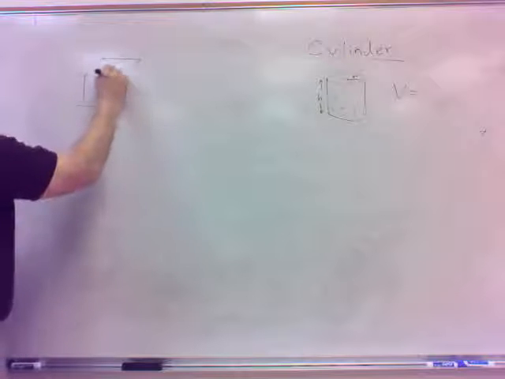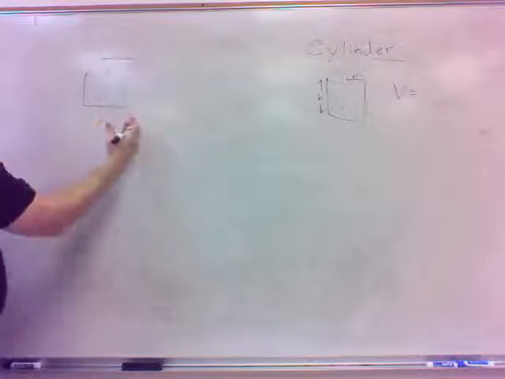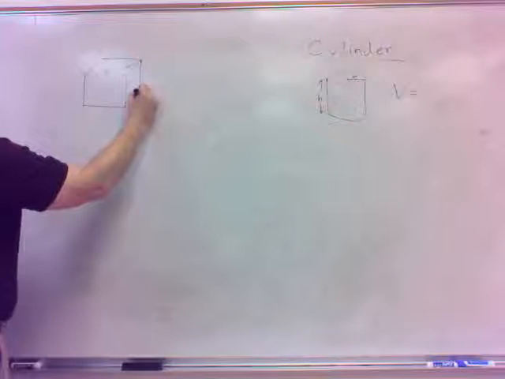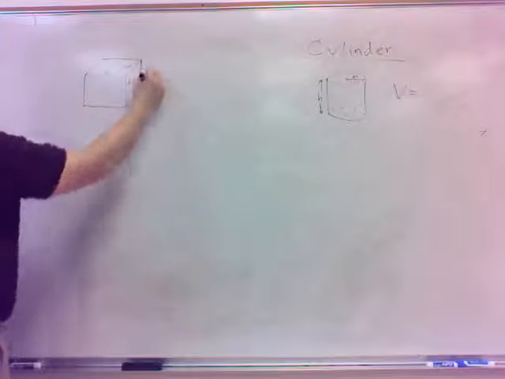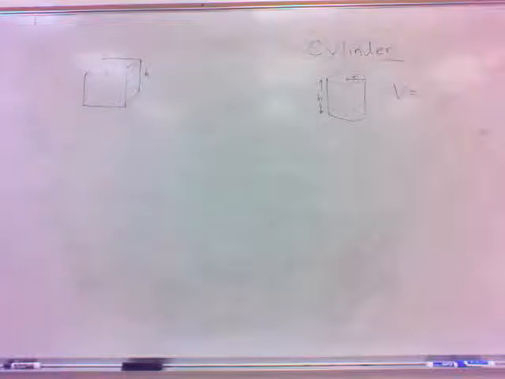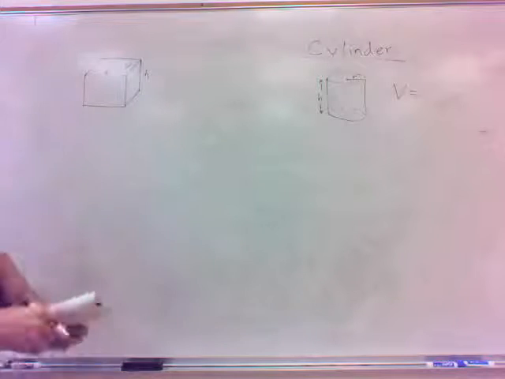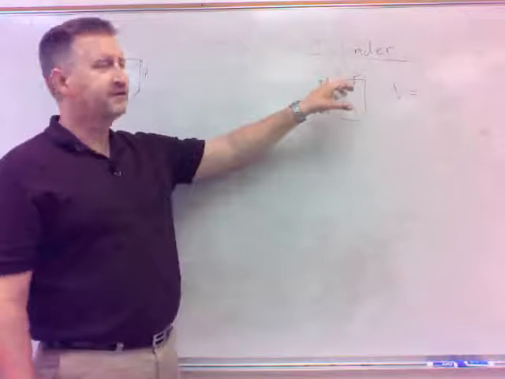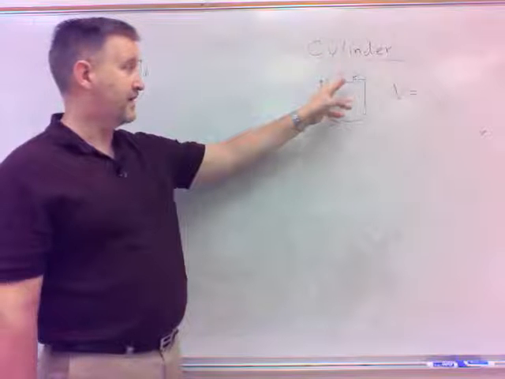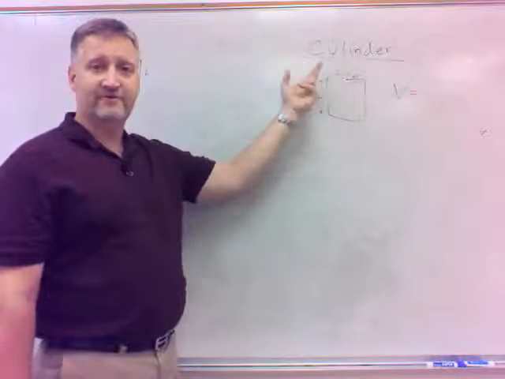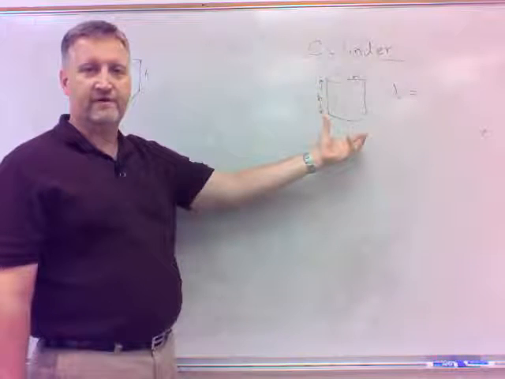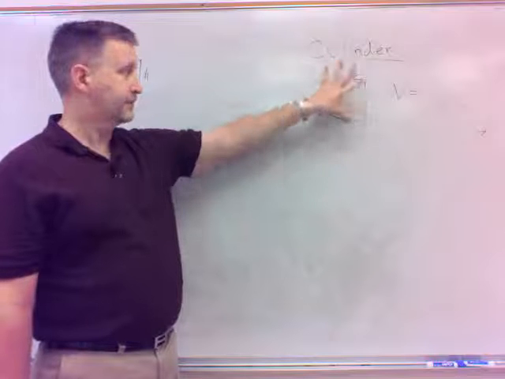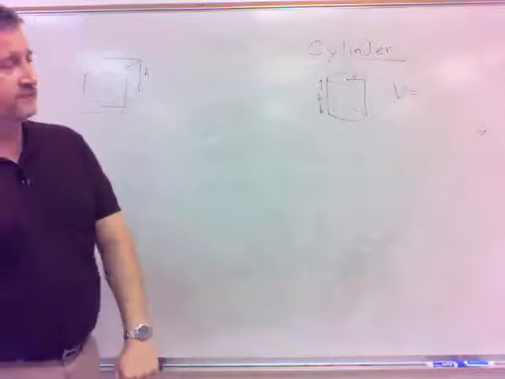It's an L by W rectangle. If I then move it through a height of H, that's a way you can think of constructing a box a little bit differently. The reason I mention that is because the cylinder is similar in that you'd start with a circle and then move it through a height of H. So circle, move down through H.